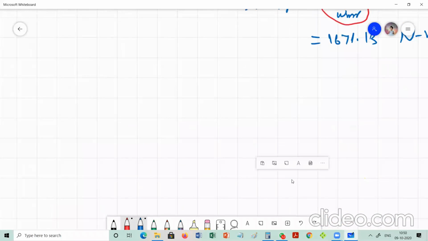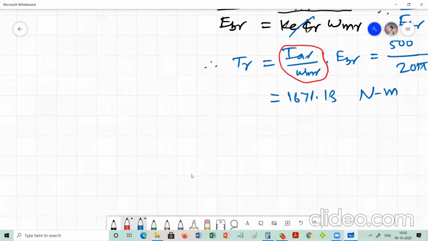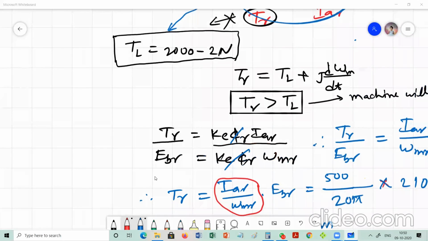So when the machine is running with a constant speed, the fundamental electromagnetic equation will be as follows. If the motor torque in the first case is T1, then T1 is equal to TL plus J d omega m1 by dt.